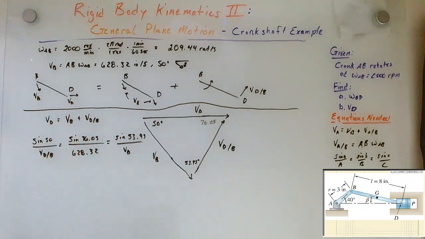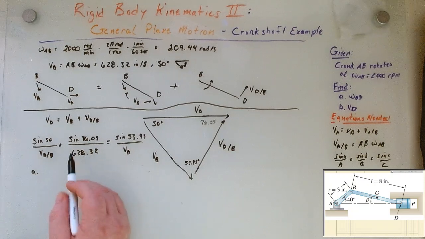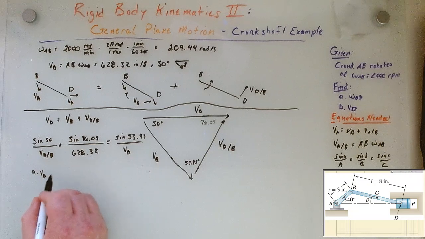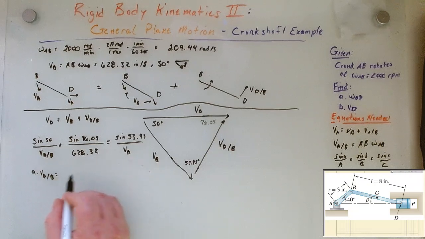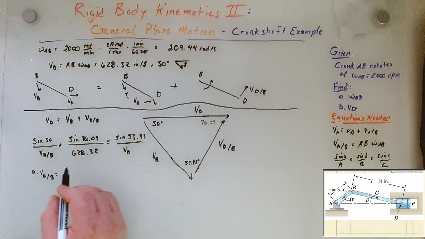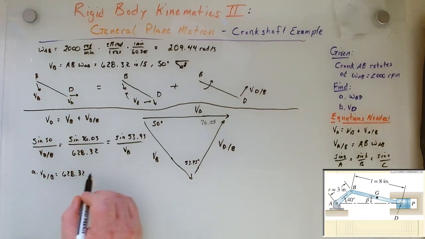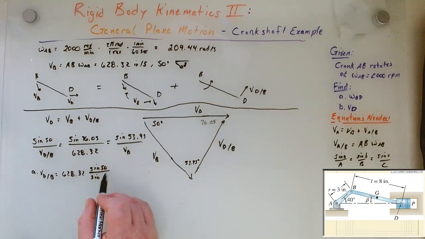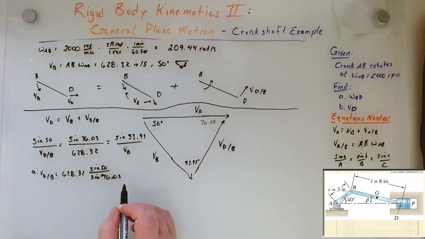So for A, we rearrange these, and VD with respect to B is equal to 628.32 times the sine of 50 over the sine of 76.05.